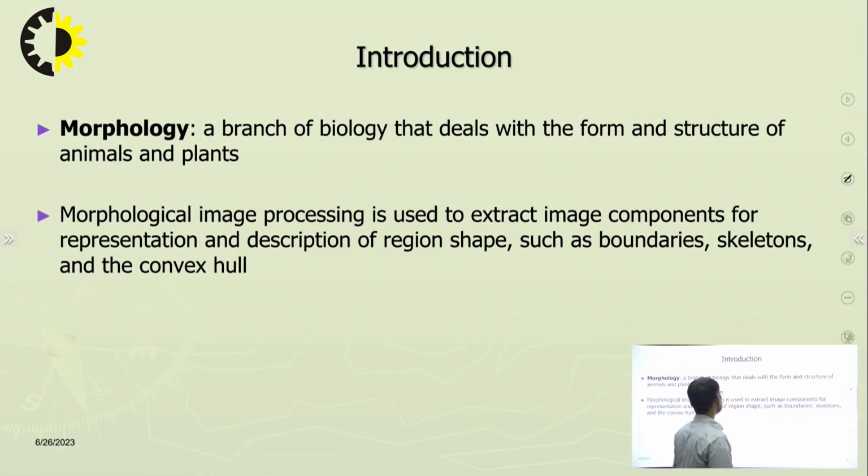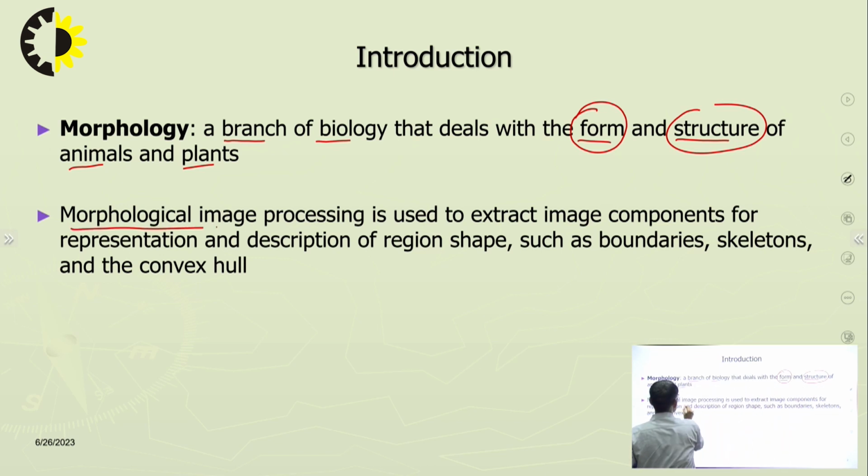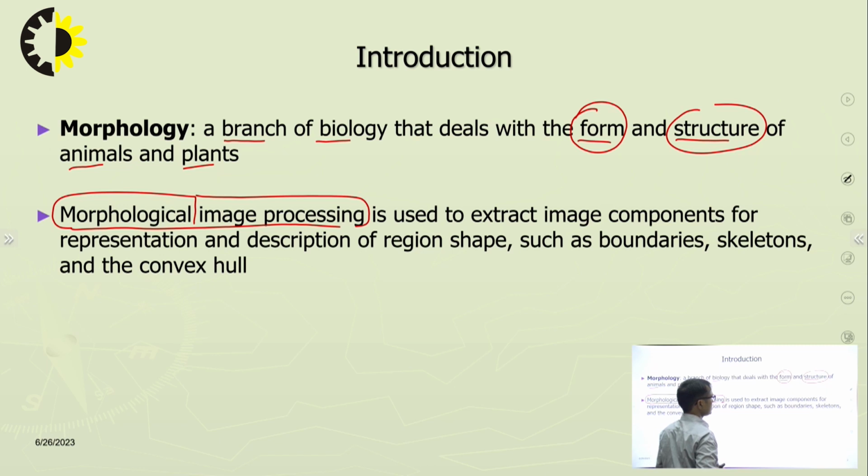Morphology is a branch of biology that deals with the form and the structure of animals and plants. Correct? So, what we are basically targeting is the form and the structure of any object. So, morphological image processing certainly will have relation in image processing towards the form and structure.